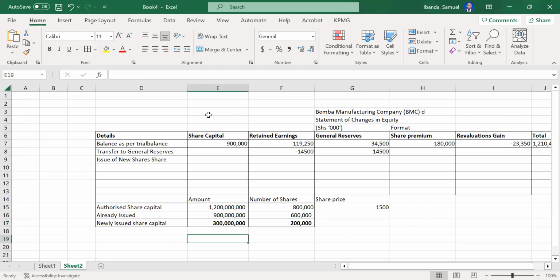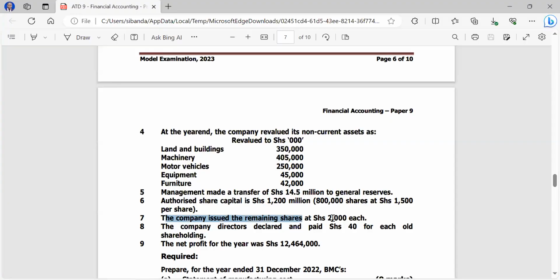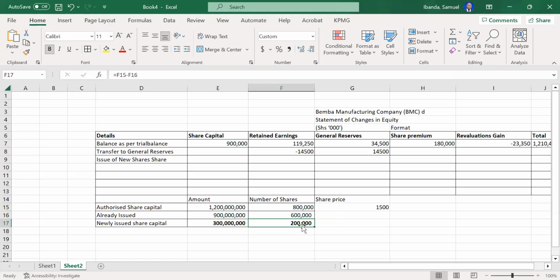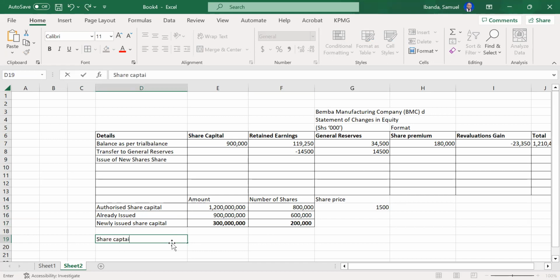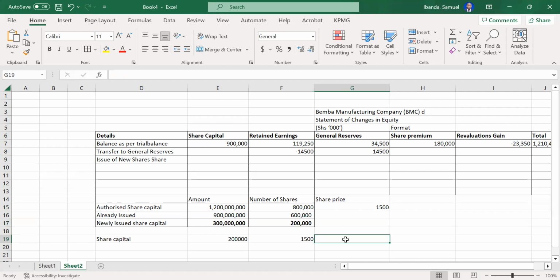Now, the examiner says that the company issued the remaining shares at 2,000. So if they issued these shares at 2,000, not 1,500, it means that our newly issued share capital is going to be the 200,000 multiplied by 1,500 to give us 300 million.